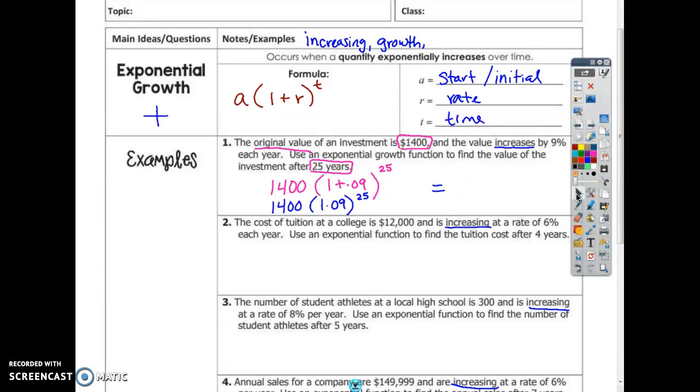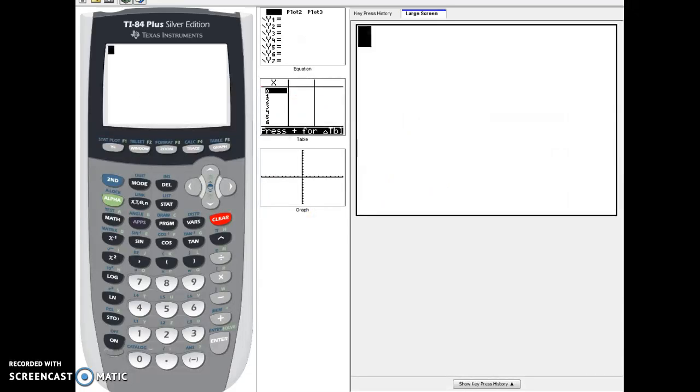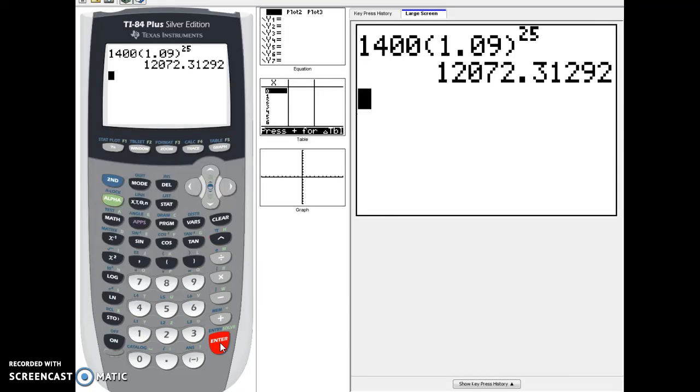So let's go put that in the calculator. 1,400 parentheses 1.09 close parentheses to the power of, remember we're using this symbol, to the power of 25. Enter.